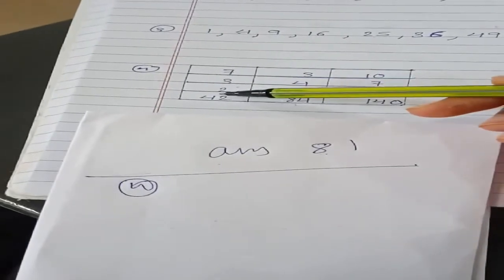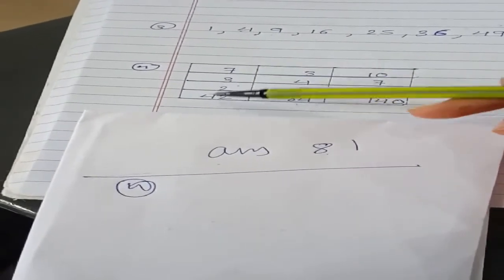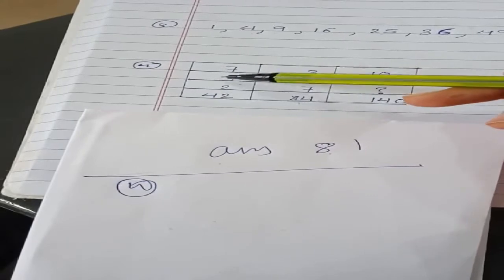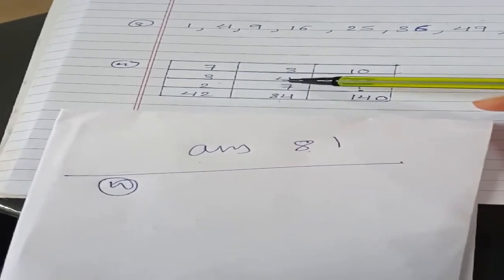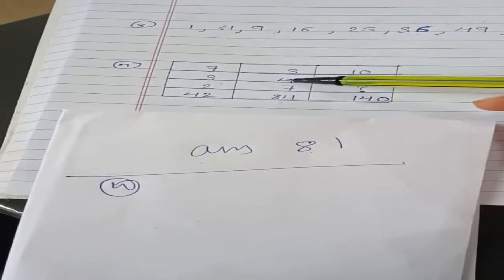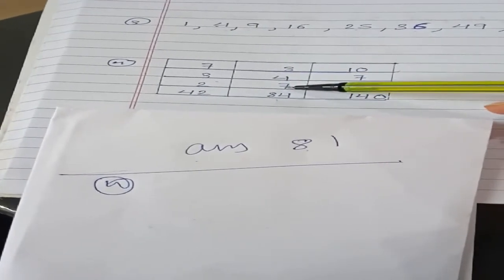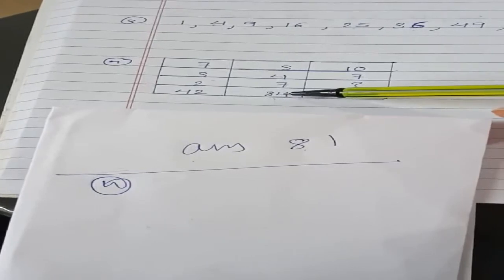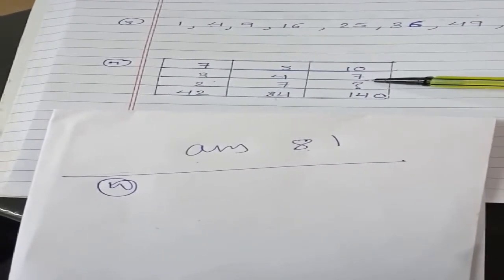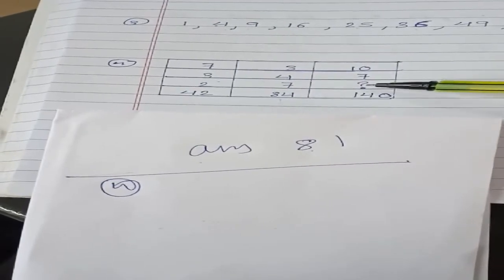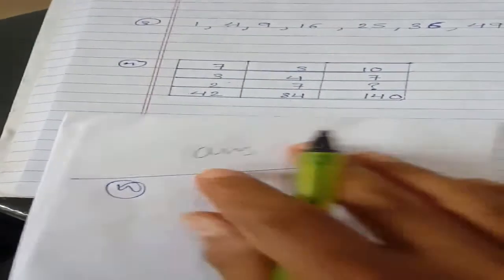But if you observe, 3 twos are 6, into 7 is 42. So 7 into 3 into 2 gives me 42. Next, 3 into 4 is 12, and 12 into 7 is how much? 84. Next, 10 into 7 is 70, so 70 into some number should give me 140.